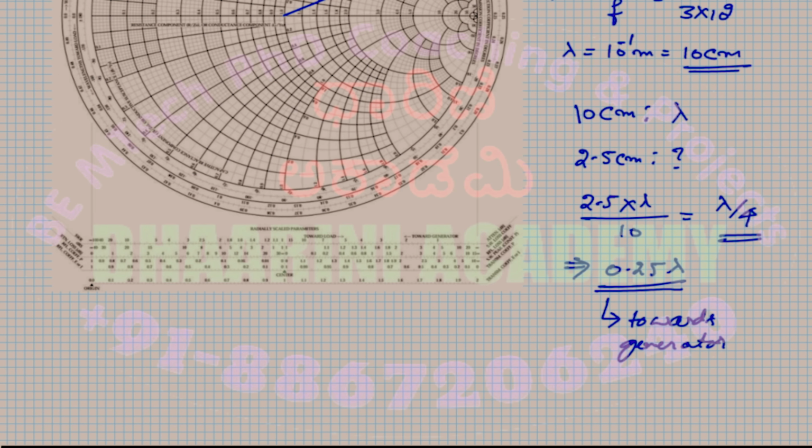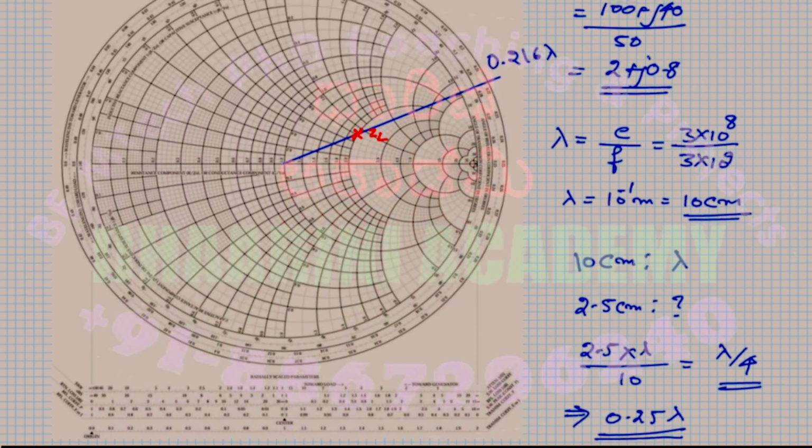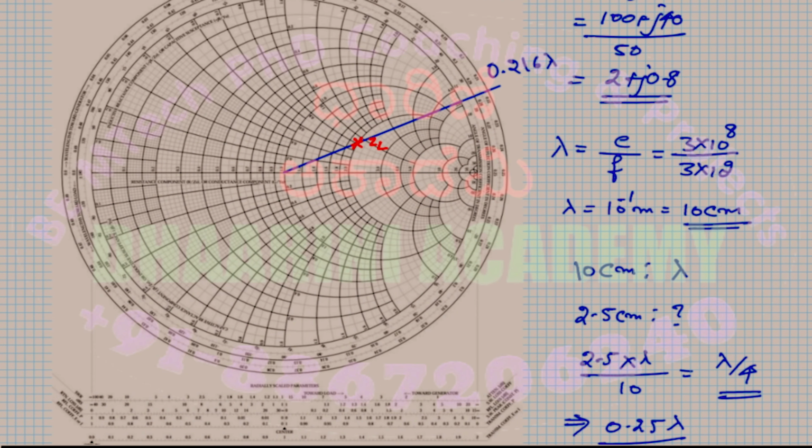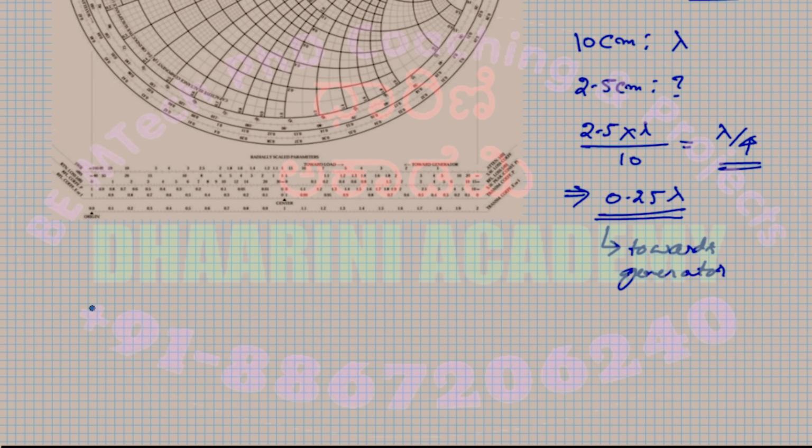Now see that you have a value equal to 0.216 lambda plus 0.25 lambda. So the new value becomes equal to 0.466 lambda. Is it fine?